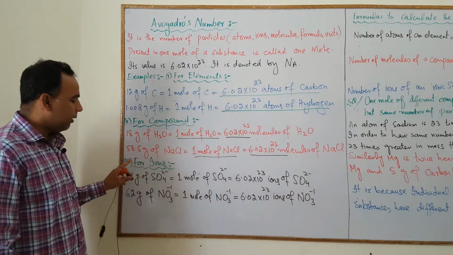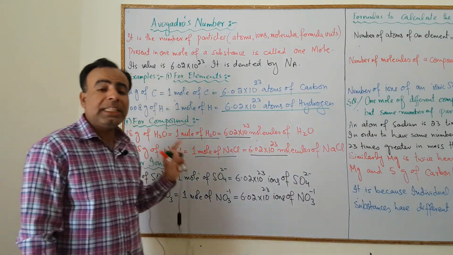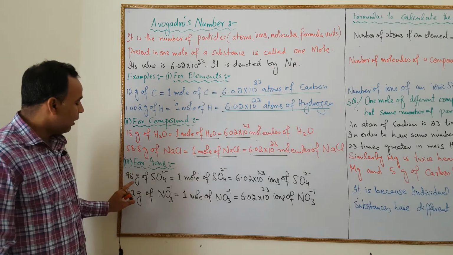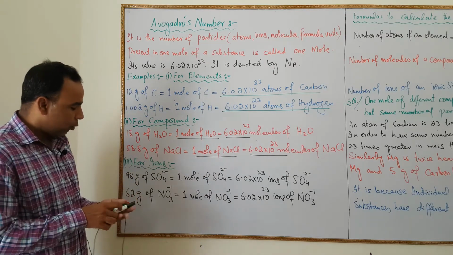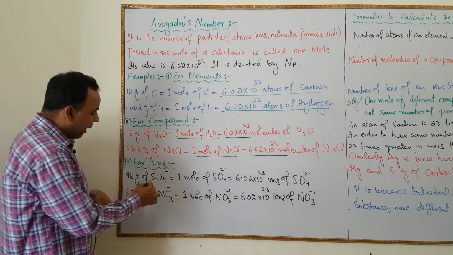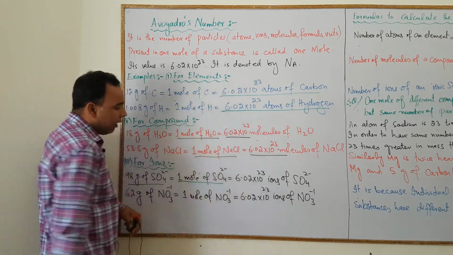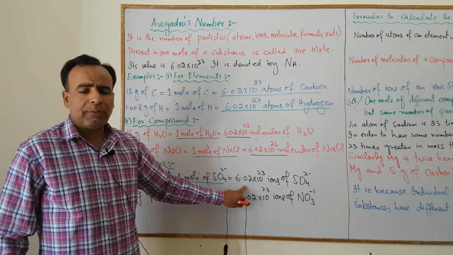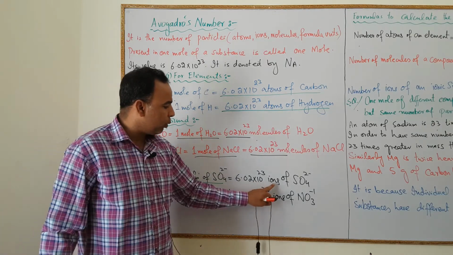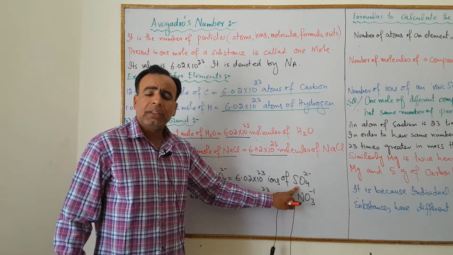Now third and last but not the least is the number of ions. For example, dear students, 98 gram of sulfate ion is equal to 1 mole of sulfate ion, and this is equal to Avogadro's number, 6.02 × 10^23 ions of sulfate.